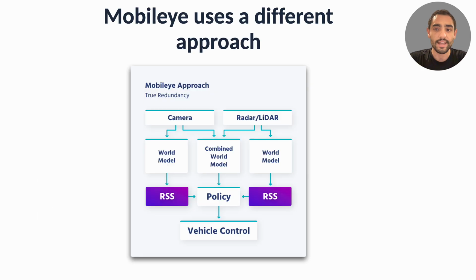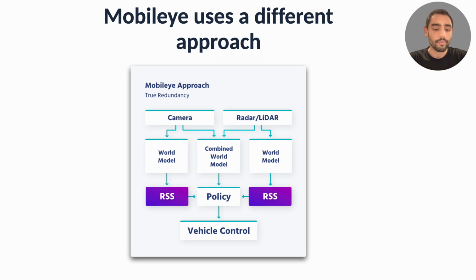What they use instead is a different approach, where they're gonna have, for example, a vision-only system, then they're gonna have a system that implements sensor fusion between LiDAR and camera, and then they're gonna have a system that depends, for example, only on LiDAR. And they're going to have these three systems, and in the end, fuse these systems into a policy.